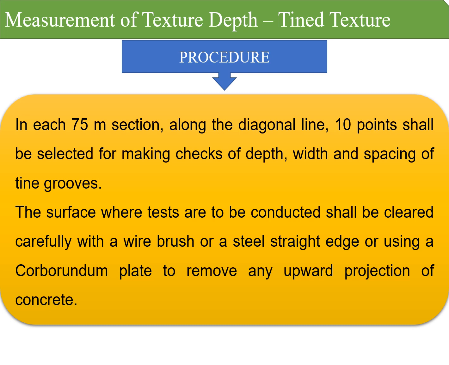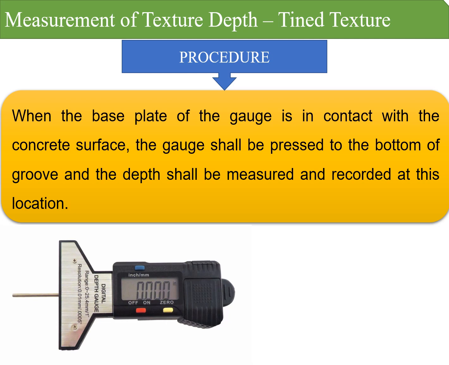The surface where the tests are to be conducted shall be cleaned carefully with a wire brush or steel straight edge or using a carborundum plate to remove any upward projection of concrete. When the base plate of the gauge is in contact with the concrete surface, the gauge shall be pressed to the bottom of the groove and the depth shall be measured and recorded at this location.